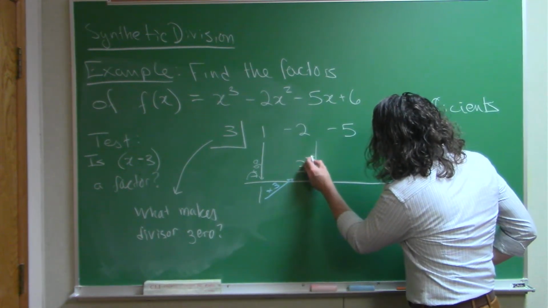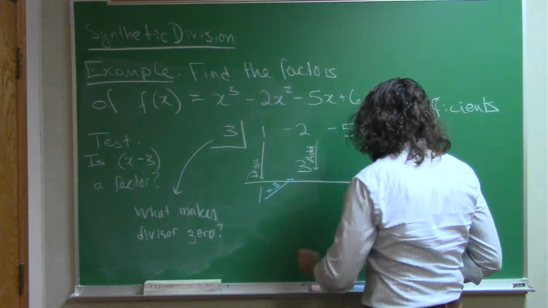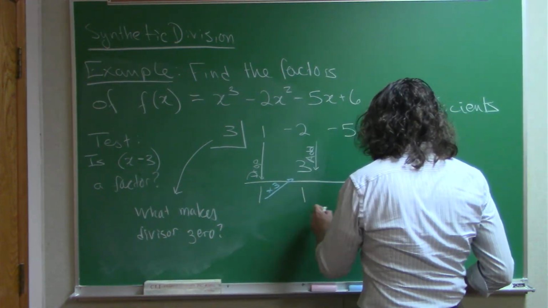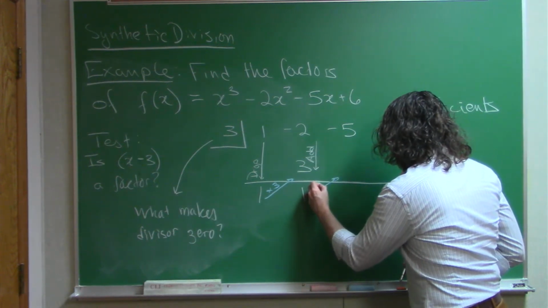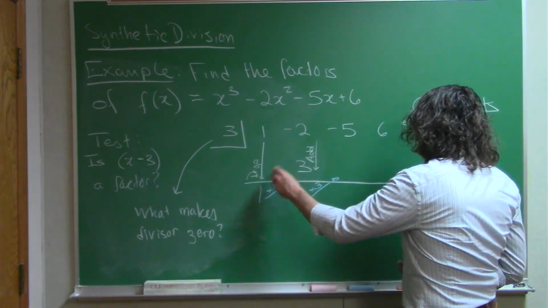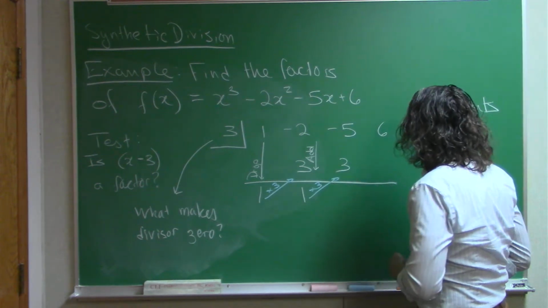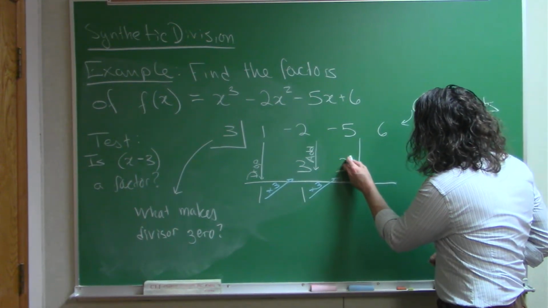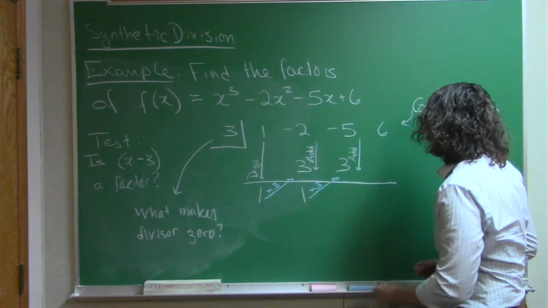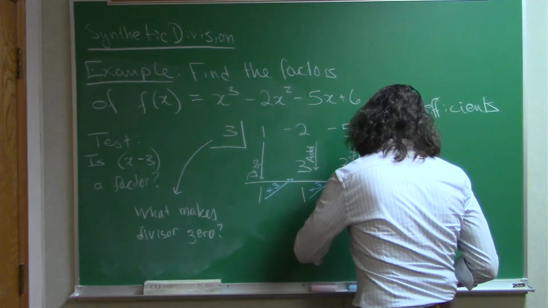Add these numbers. That gives me a 1. Multiply by 3, which gives me a 3. Add these numbers. That gives me a -2.